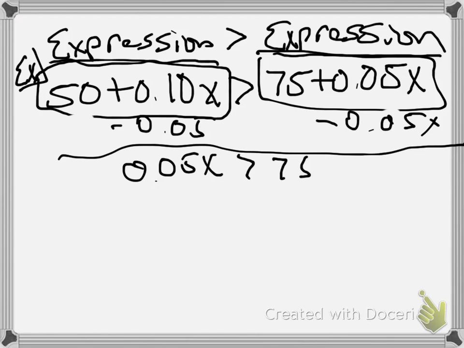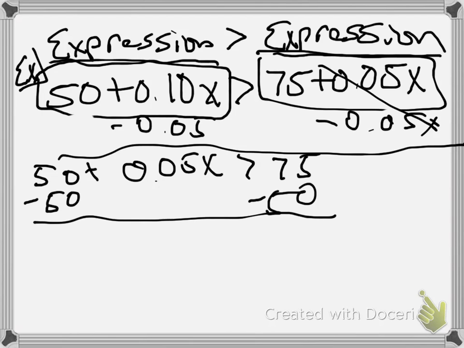Nothing happened to the 75, but the X's are gone on the right. Nothing happened to the 50. Now all the X's are on the left, so I need to bring the 50 over with its opposite, subtraction, to the right. So 0.05X is greater than 25.